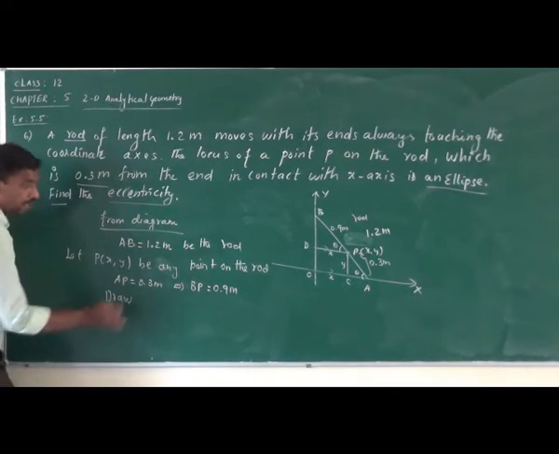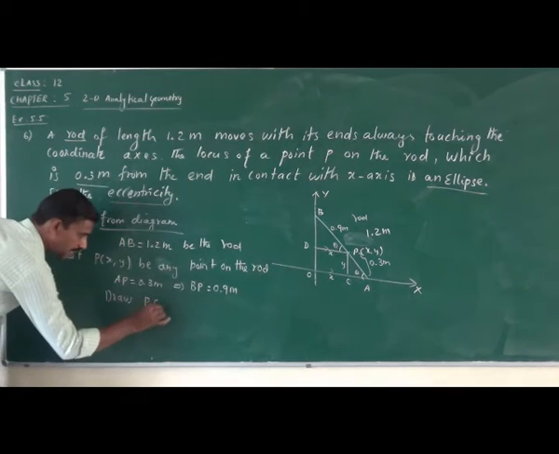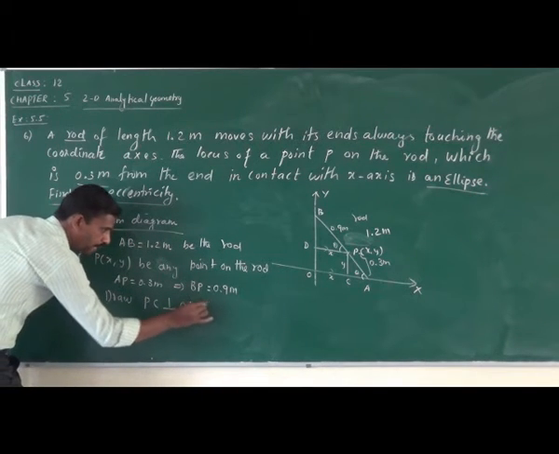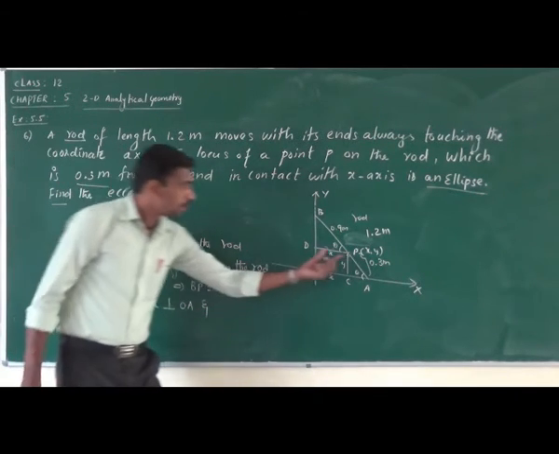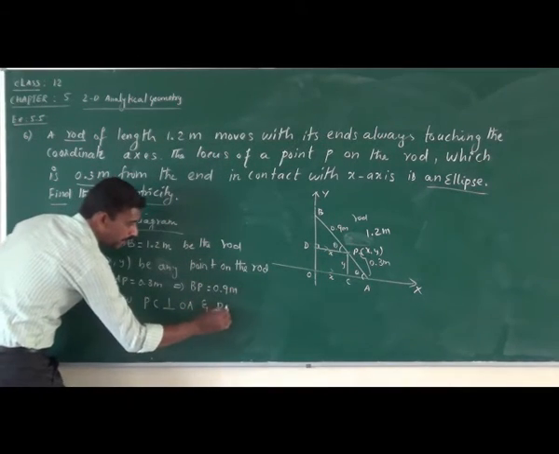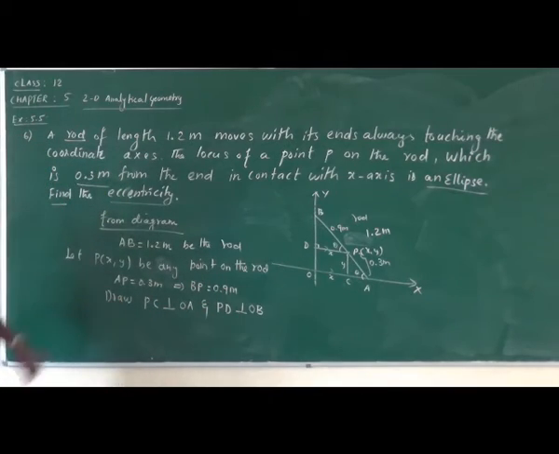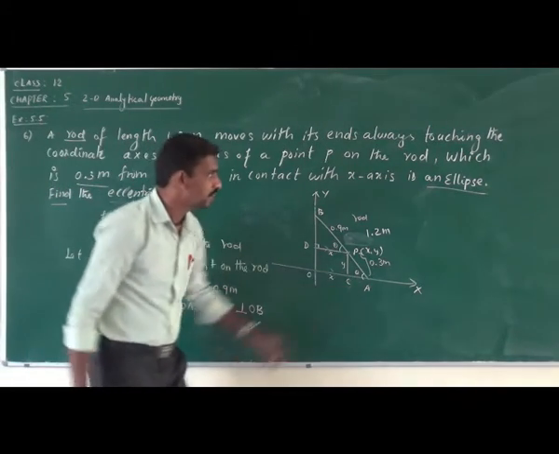Now we want to draw the perpendicular lines: PC perpendicular to OA and PD perpendicular to OB. Then next we want to take theta.